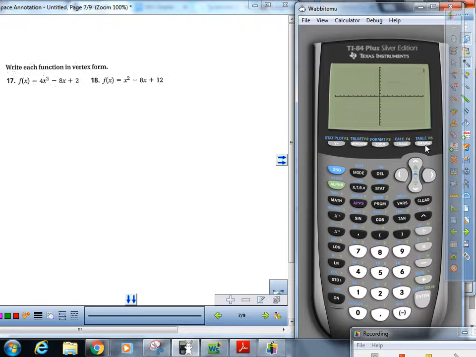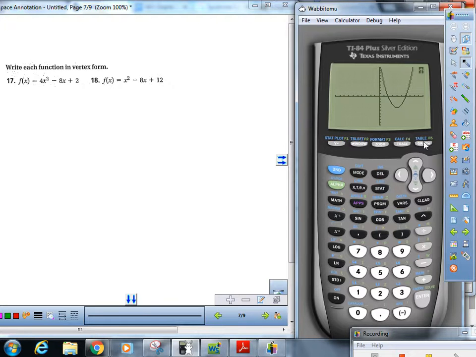Graph. So weird. I don't really understand why that happened, but welcome to the world of technology. I think I used that as the minus sign, but we can just go back and watch the video and find out. Okay, so anyway, looks like our vertex is maybe like 4, negative 3, but to know for sure, we got to look at the table.